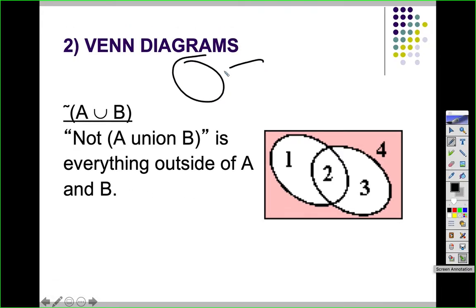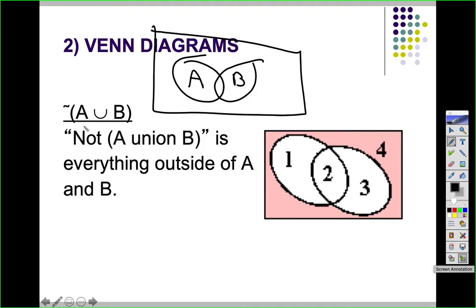So if I have two circles, we have A on the left, we have B on the right, we have our universal set. The first thing it says to do is to unite them. So if you union them, that means or, but or means all. So if I say this is the union, that would be the first part of this. But then the complement, the tilde, says no. It's actually the answer is everything not in yellow.